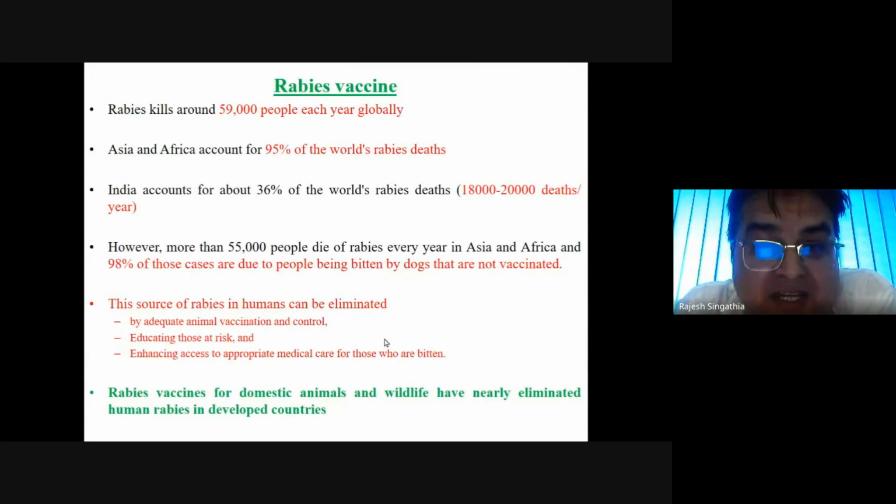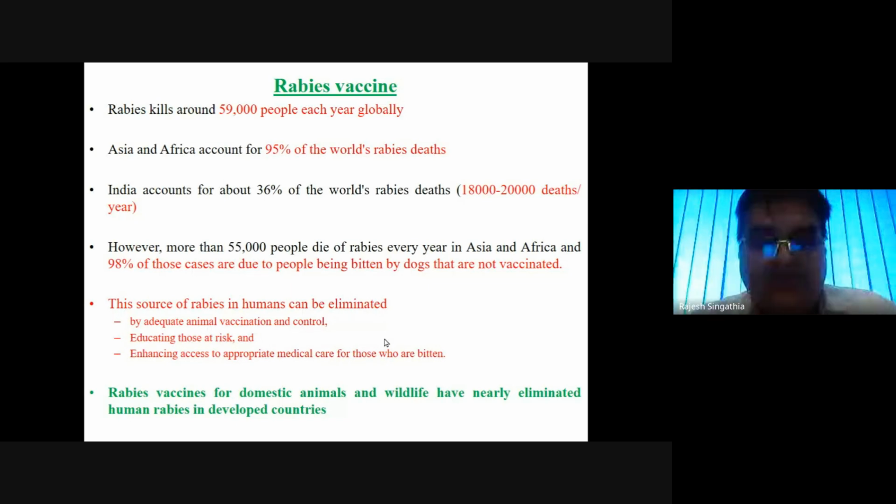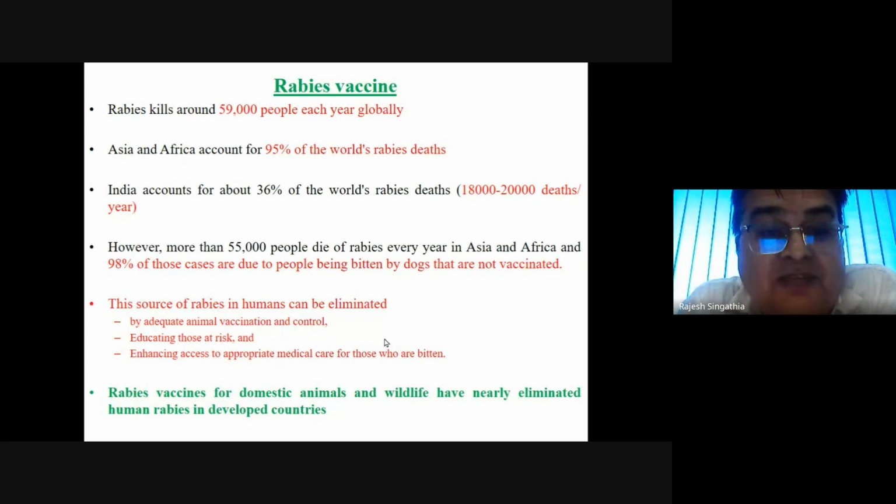In India, 36% of the world's rabies deaths occur, about 18 to 20,000 deaths every year. Of the people who die of rabies in Asia and Africa, 98% of cases are due to being bitten by dogs that are not vaccinated.